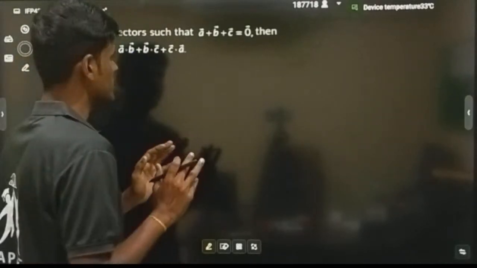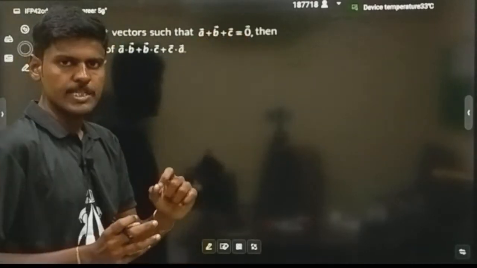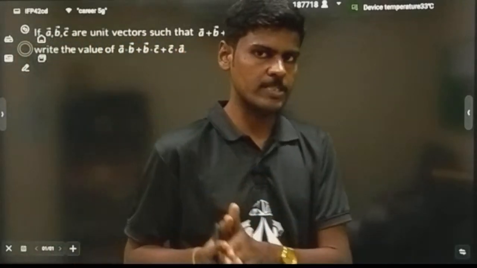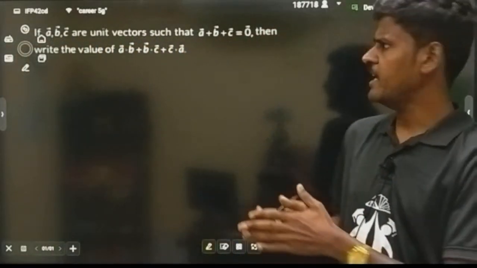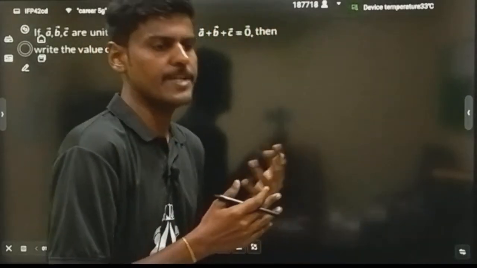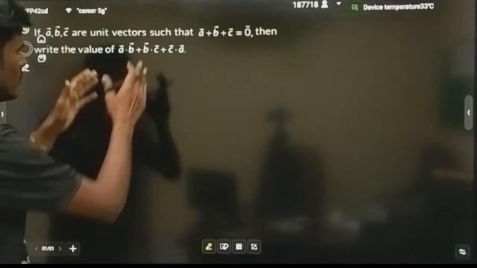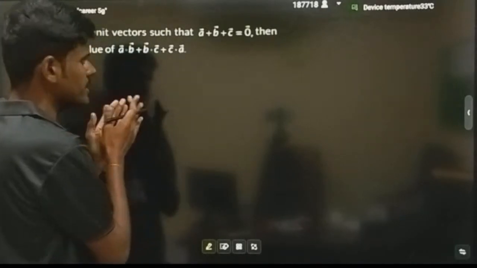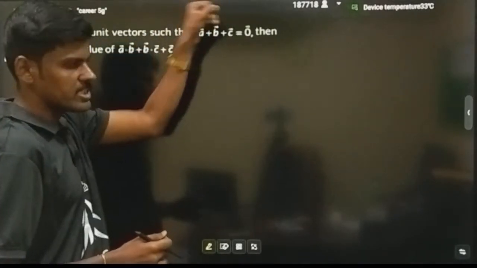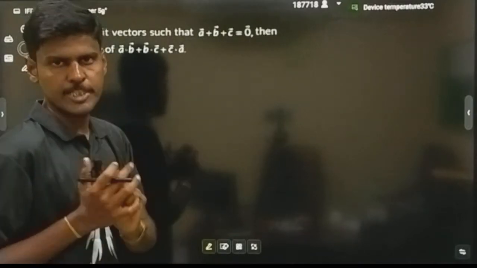First, what we need to observe is, in the same question they can ask find the angle between A and B. That is one possibility. Or they can ask to find what is A dot B value. Question can be framed in any ways, but by looking at the question what is asked and the given condition, try to establish a relation between those two. That is the first step.